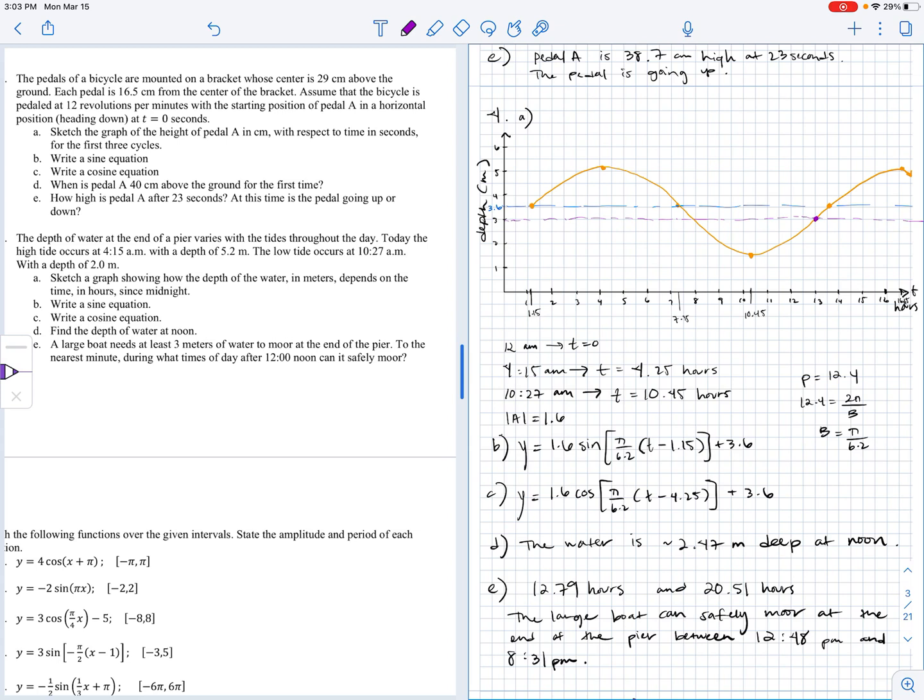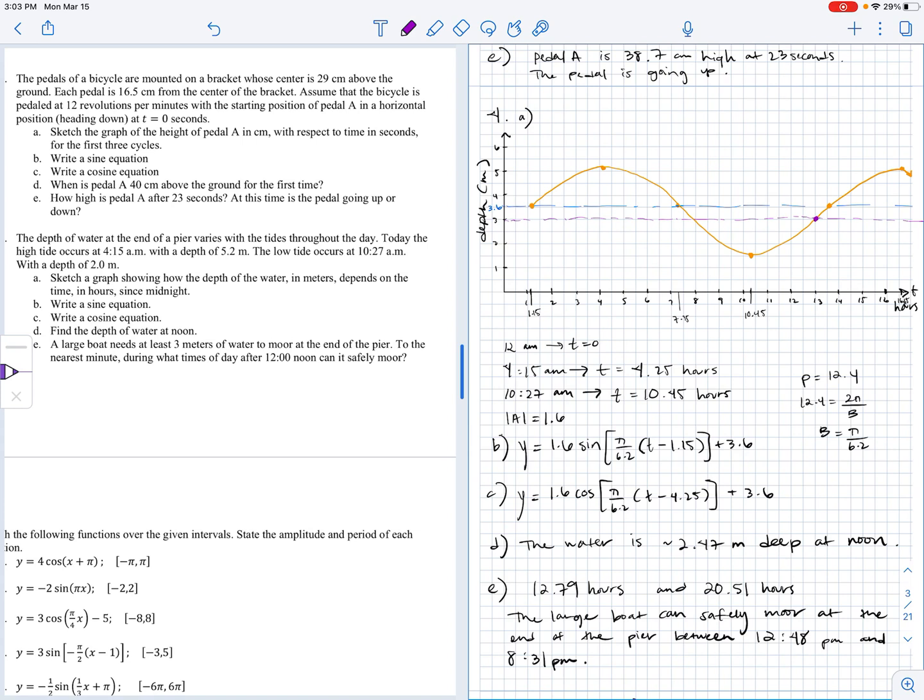For the window, because we want to know between what times after noon, I did my horizontal axis, my x-min, as 12, and my x-max as 24, right? Because that would be between noon and midnight.